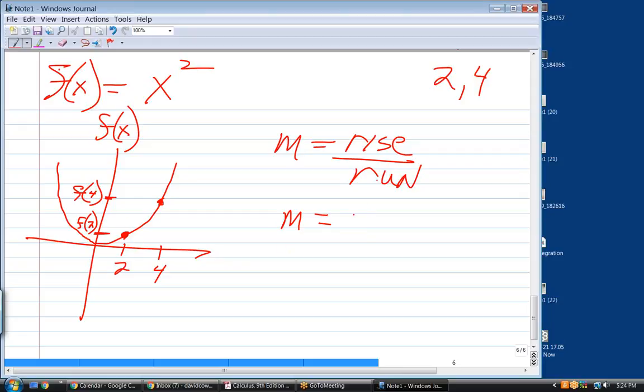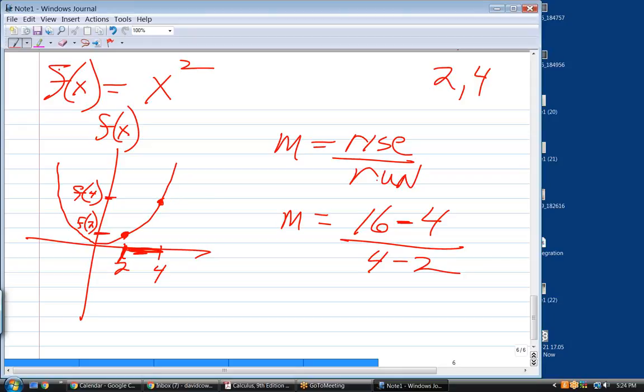And what is the rise? If we fill in the numbers, what's f of 4? When you figure f of 4, all you do is substitute 4 for x whenever you see it. So 16, minus f of 2, which is 4. So that's the rise. What's the run? The run is just the same concept, this distance right here.